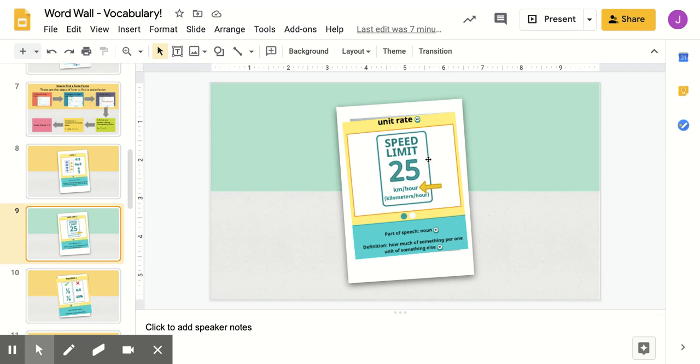So here we have a speed limit, which is an example of a unit rate, because this speed limit signifies the most amount of kilometers that you can go in 1 hour. The most amount of kilometers that you're allowed to go per 1 hour. And what makes this a unit rate is it's 1 hour. If this were 2 hours or 3 hours, this would no longer be a unit rate. So a unit rate has to be how much of something we have per 1 unit of something else.